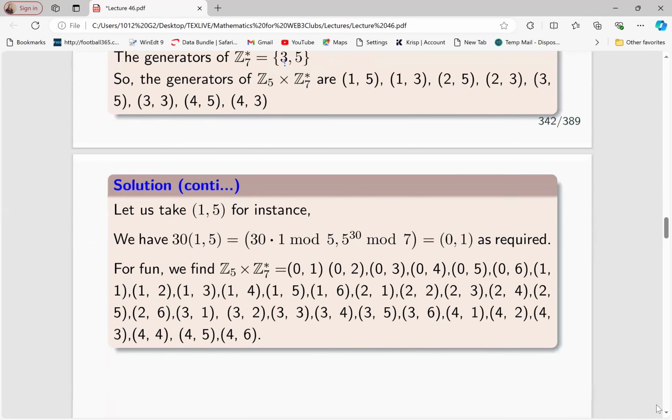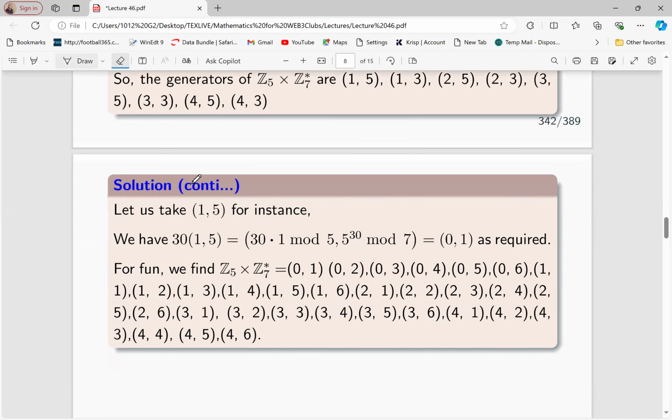Now, I was verifying that 115 is a generator. And when I did that, it's supposed to give me all these elements, because we said that the group has 30 elements, and these are the 30 elements.